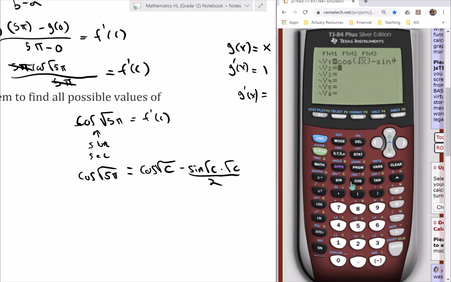And then here we're going to do cosine of the square root of 5 pi, right?